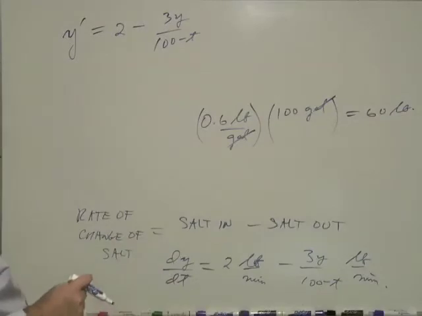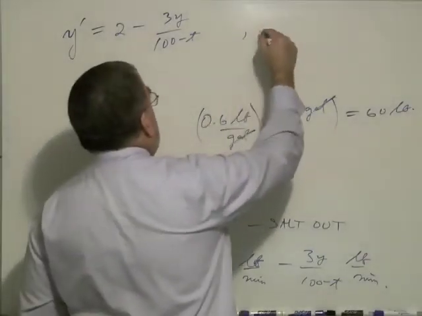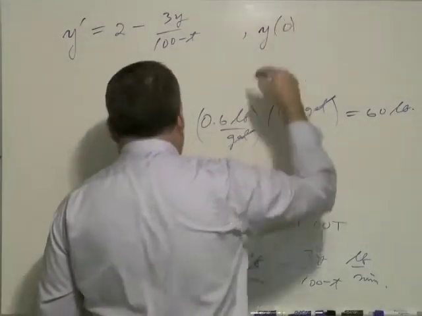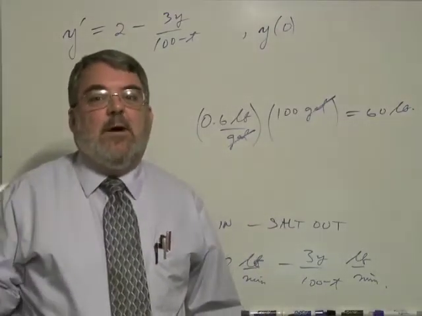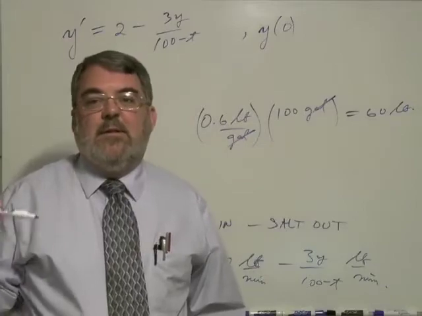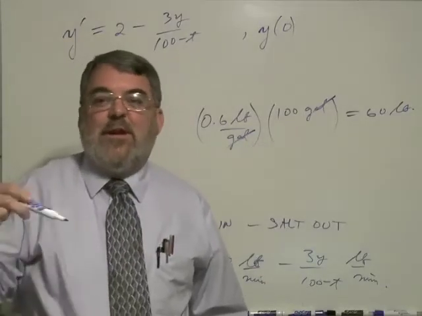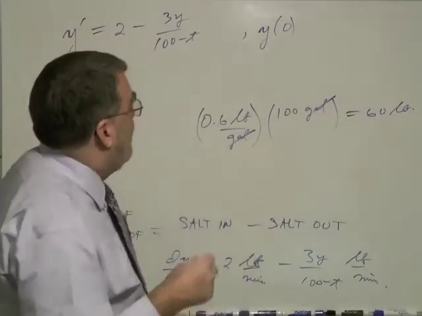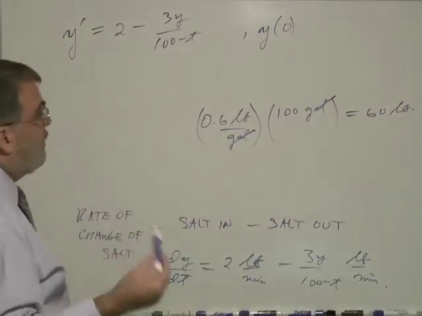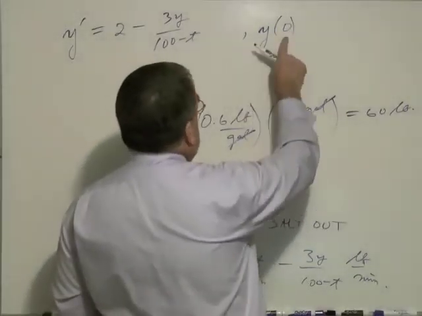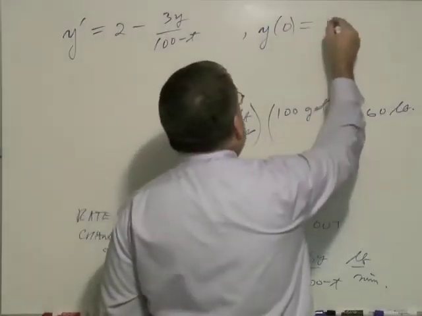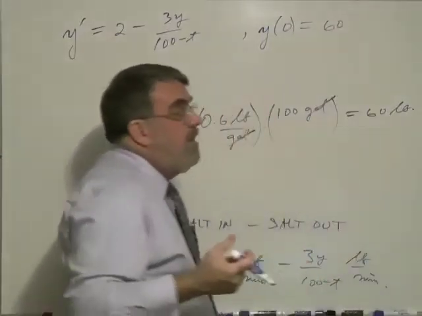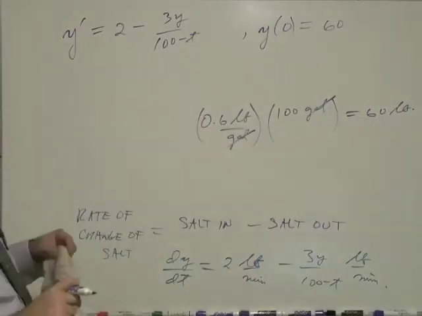So the initial condition here is the amount of salt. Remember, y represented pounds of salt in the tank. y prime represents pounds per minute, the change in salt per minute. But y itself is just pounds. So the amount of salt in the tank when time is 0 would be 60 pounds. So there's our initial condition.